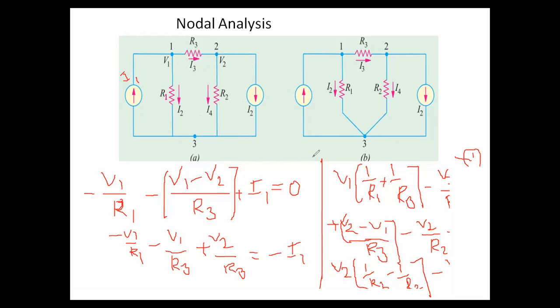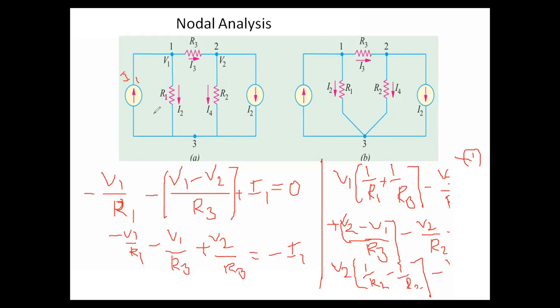This is called nodal analysis. From equations 1 and 2, we will get a 2 by 2 matrix. By solving that 2 by 2 matrix, we can find V1 and V2. After solving V1 and V2, you can find out I2 and I4.